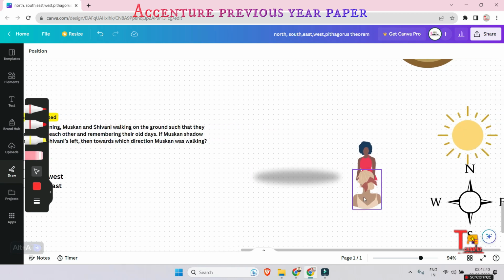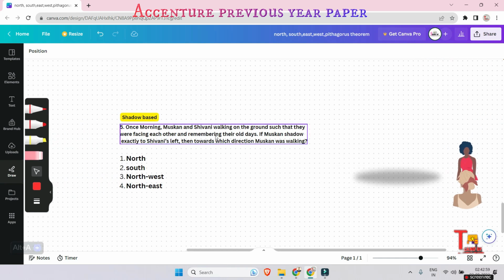This is Shivani, and this is the shadow of Muskan. So it is east, that means the shadow will obviously be on the left side of Shivani.